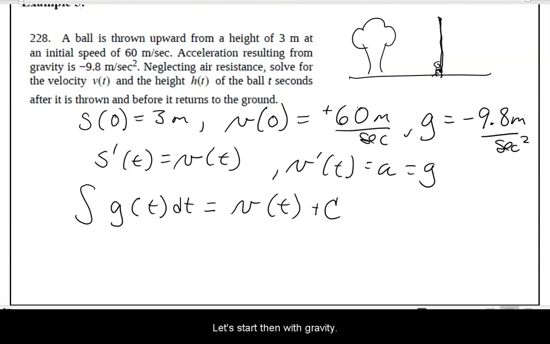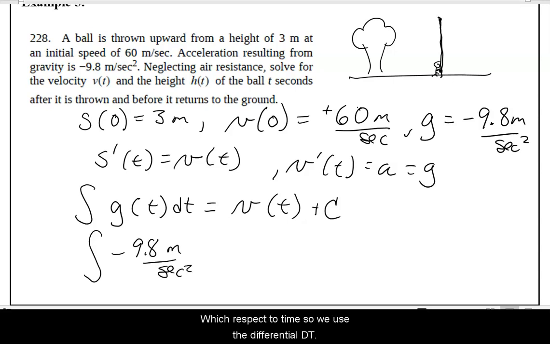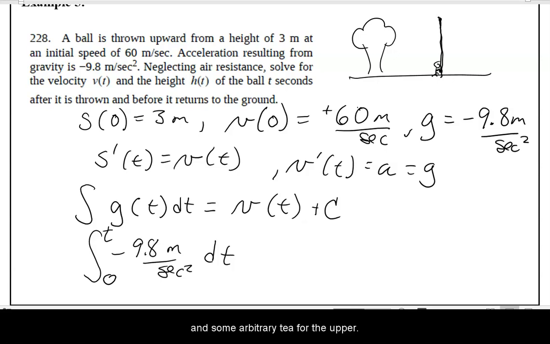Let's start then with gravity. We need to integrate the negative 9.8 meters per second squared with respect to time, so we use the differential dt. Our units for the limits of integration are not necessarily clear, but what I need is 0 for the lower limit and some arbitrary t for the upper.